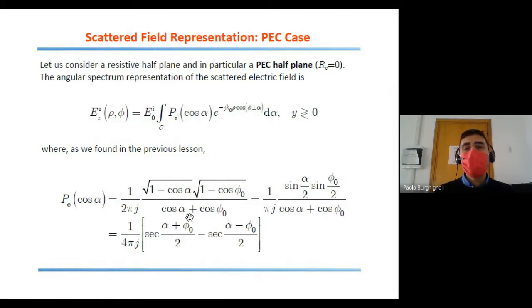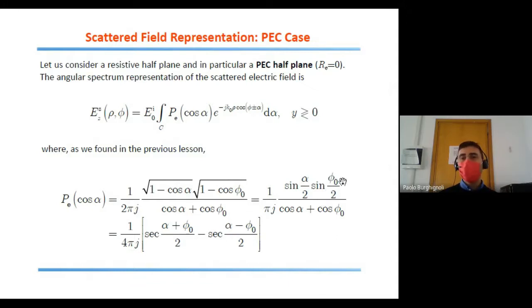Whereas in the denominator, you can represent the sum of the two cosines as a product, and conversely, the product of the two sines in the numerator can be represented as a sum.